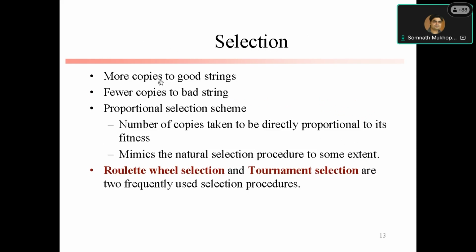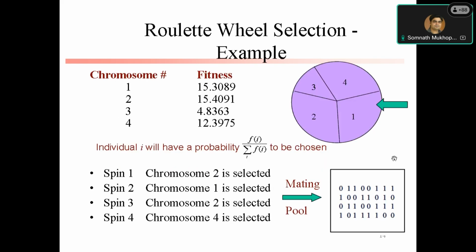Selection is used for finding out the best solution, following the principle of survival of the fittest. So the good solutions will survive, and bad solutions will be removed and will not be able to survive.